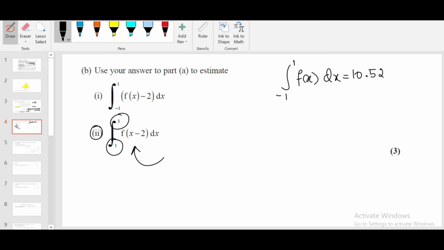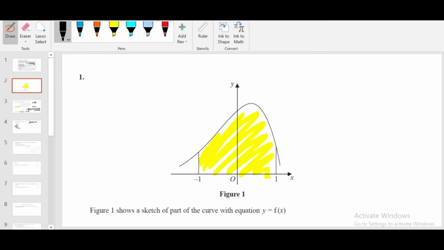So you need to look at the figure to understand what's happening. We have this area 10.52. That's what we calculated. Now this is f of x actually. Now they are talking about another function, f of x minus 2. So what translation is that? You must have learned this in graphs and transformations.